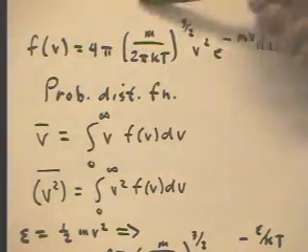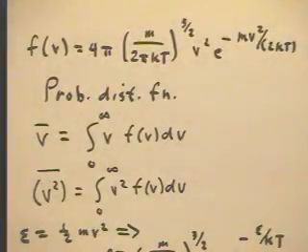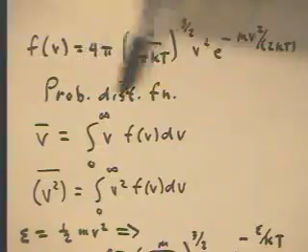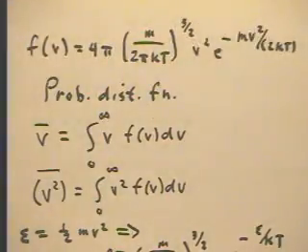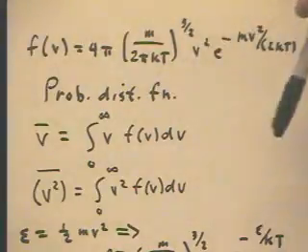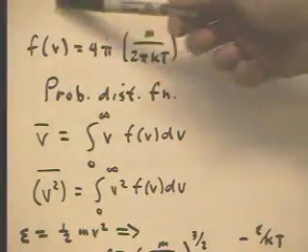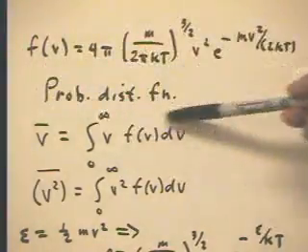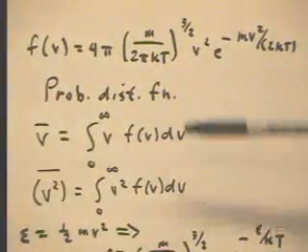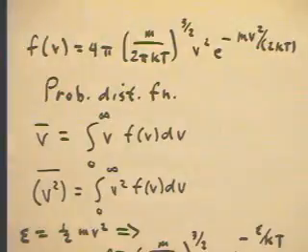If this function is normalized, that is, if the total area under the curve from negative infinity to infinity is 1, and I believe that this one is normalized, then the integral that we get between two velocities will be the proportion of the molecules that have velocities in that range. Okay, so this is what we call a probability distribution function. That's what a probability distribution function is. And of course, that's a topic that we study in calculus, the idea of a probability distribution function.